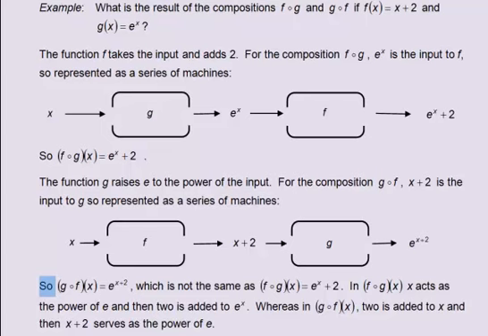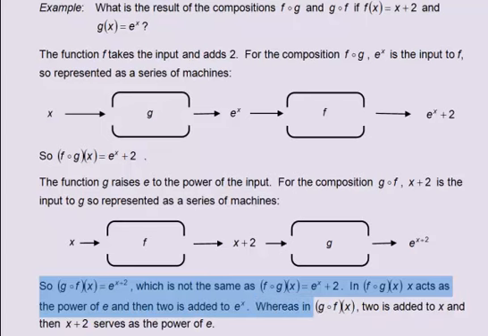So, g circle f of x equals e to the power of x plus 2, which is not the same as f circle g of x, which equals e to the power x, plus 2. In f circle g of x, x acts as the power of e, and so the 2 is added to e to the x, whereas in g circle f of x, 2 is added to x, and then x plus 2 serves as the power of e.